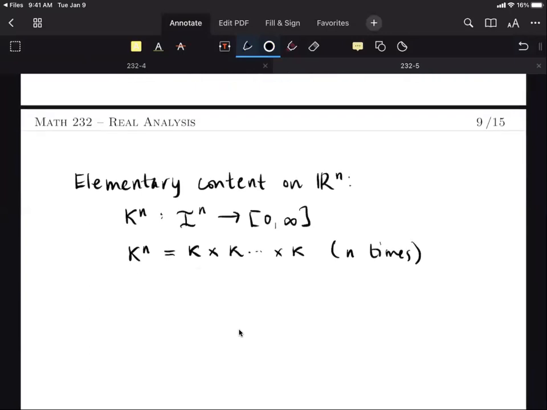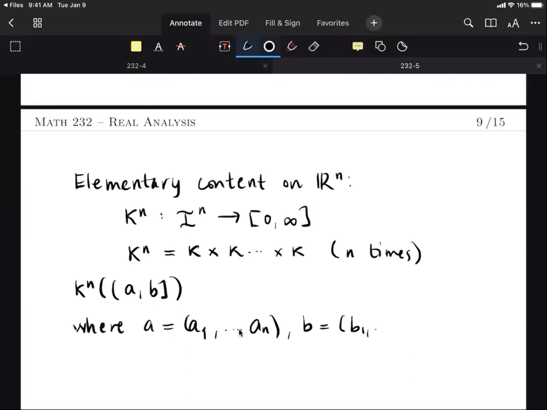Well, more concretely, if you have, let's say, a cell (A, B] where A has components, let's say, A1 up to An, and B has components B1 to Bn, and let's say A1 is less or equal to B1, and so on up to An less or equal to Bn, then this is the product of the contents of the corresponding one-dimensional cells.